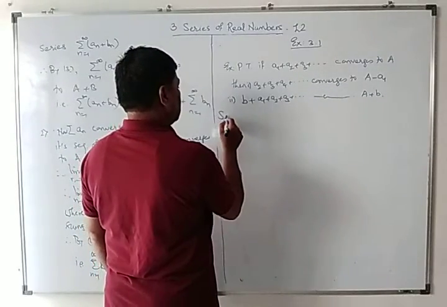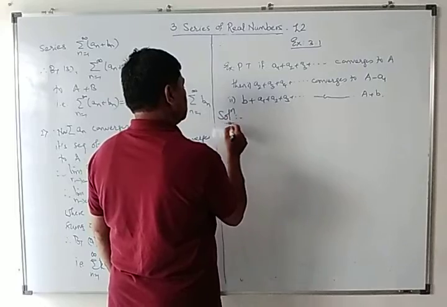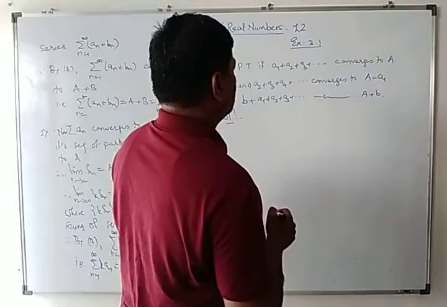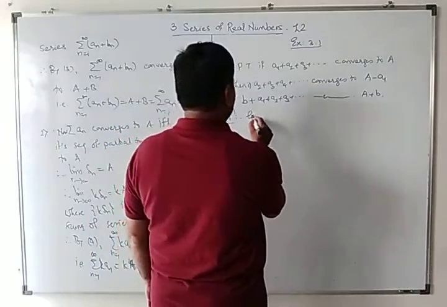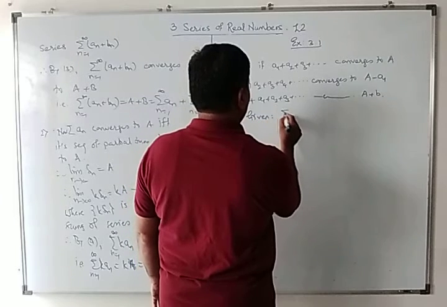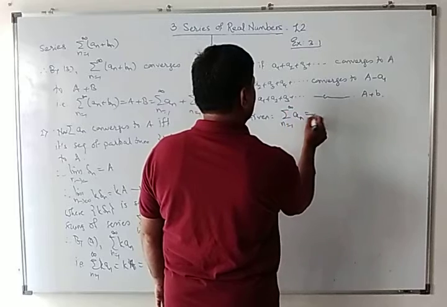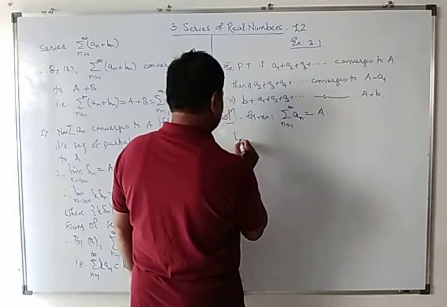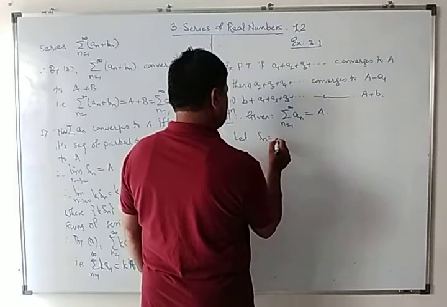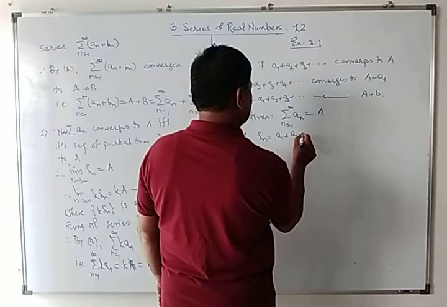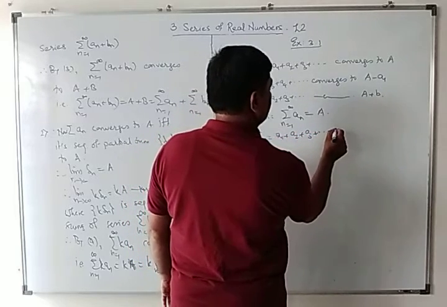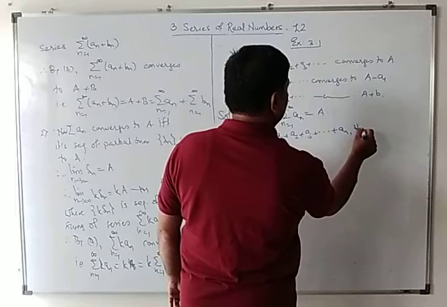So solution. Given summation of an, n equal to 1 to infinity, equal to A. Let Sn is equal to a1 plus a2 plus a3 plus dot dot up to an for every n.